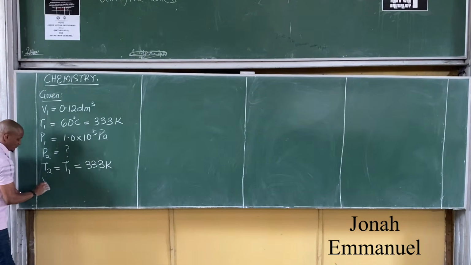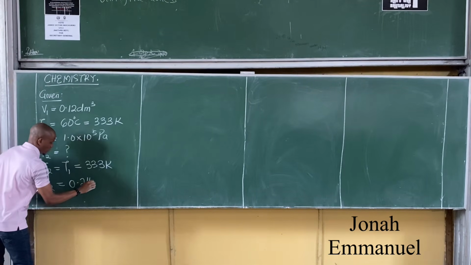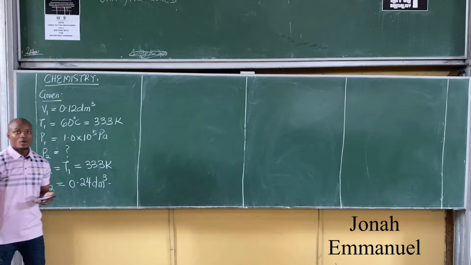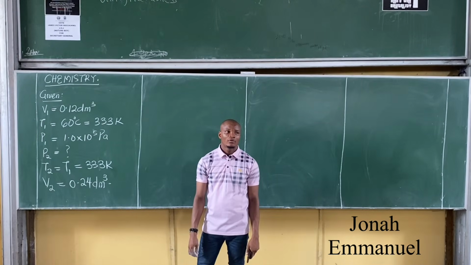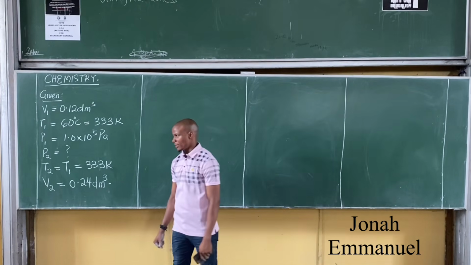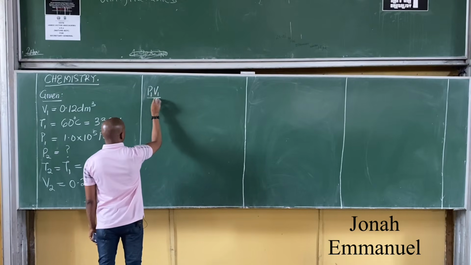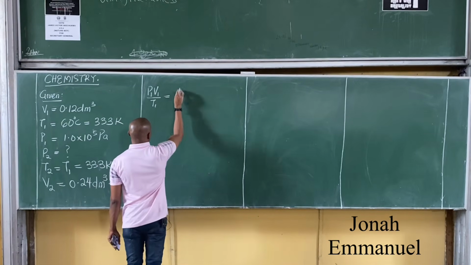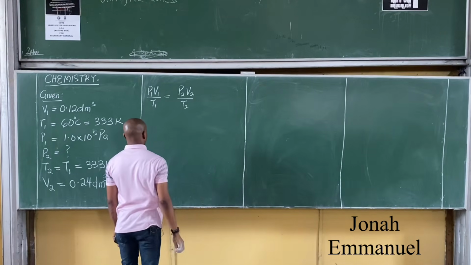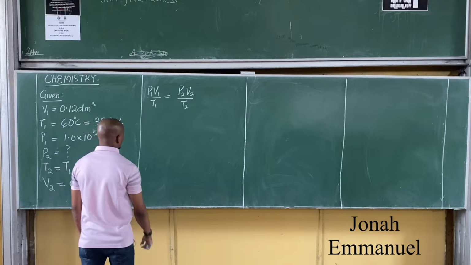They said volume V2 is changed to what? 0.24 dm cubed. Find what there? P2. From here, you have that P1 V1 over T1 equals P2 V2 over T2. Want to get P2.